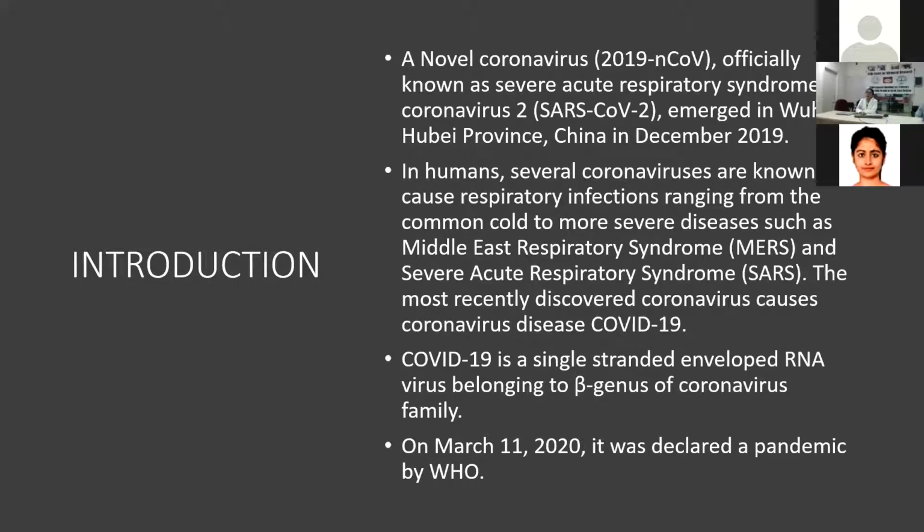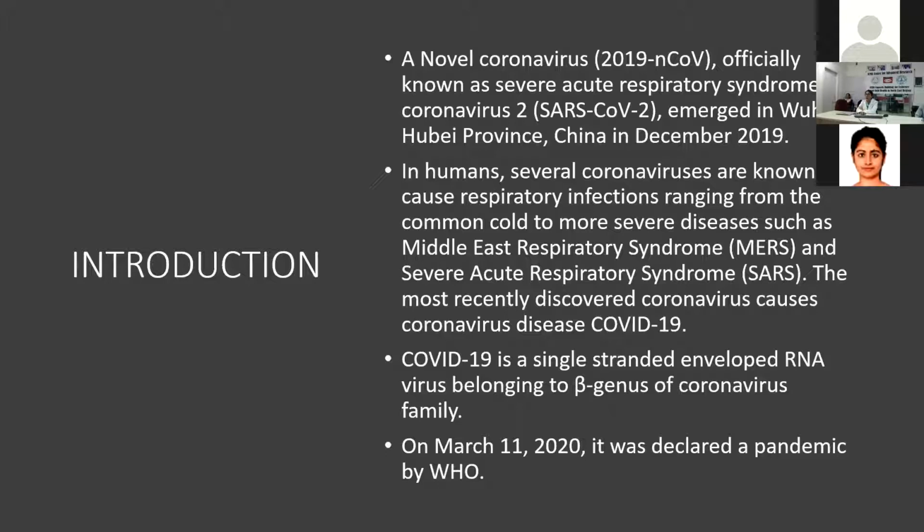Now let's start with the general COVID-19 introduction. A novel coronavirus, officially known as severe acute respiratory syndrome coronavirus, emerged in Wuhan, Hubei Province, China in December 2019. In humans, several coronaviruses are known to cause respiratory infections ranging from common colds to more severe diseases such as Middle East respiratory syndrome, which happened in 2012, and severe acute respiratory syndrome, which happened in 2002-2003.